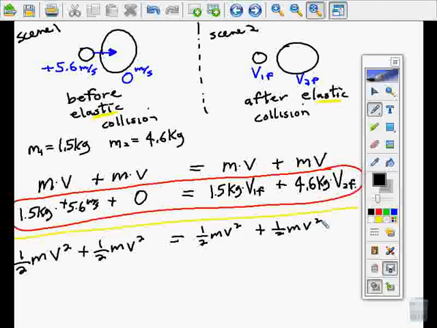And we put in the values again, and we get 1/2 times 1.5 kilograms times 5.6 meters per second squared plus 0 equals 1/2 times.